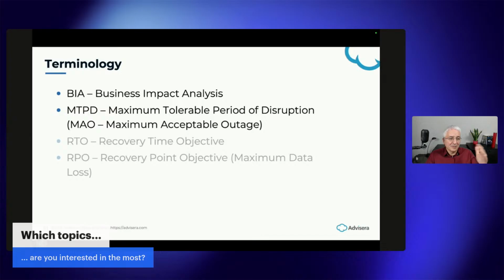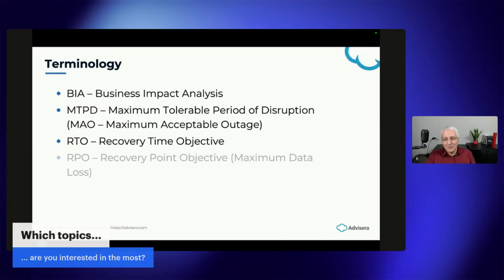In some cases it might be 2 hours or 4 hours or 24 hours or a couple of days. And this differs from one activity or department to another. So this is the first conclusion from the business impact analysis. And in a couple of slides, I'll show you how to calculate this MTPD.